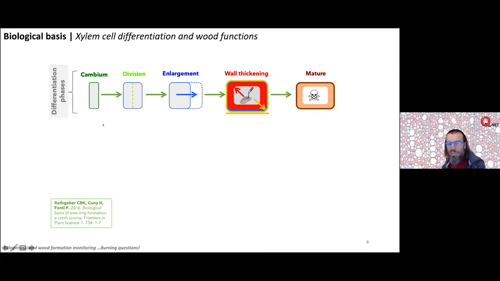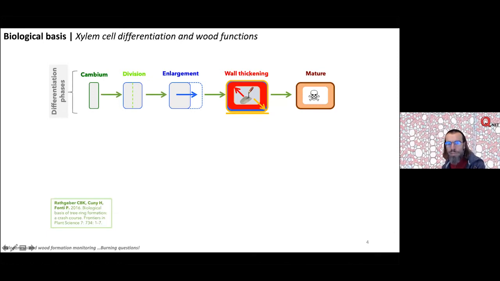So now this is really the core of the process of xylogenesis. We start from one cell of cambium, for example, a mother cell. This cell will divide to create 2 new cells, and one of these cells will enlarge. Then the cell wall will be built.